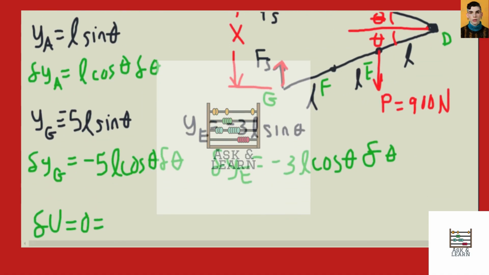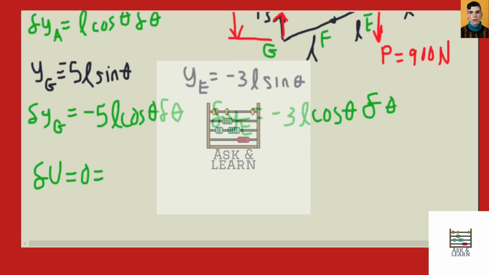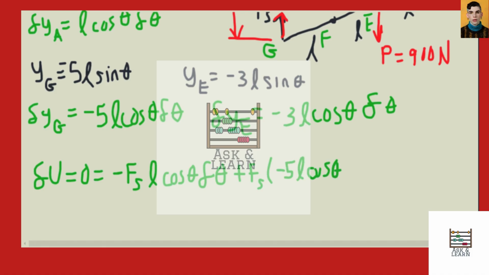The force at A is negative. So negative F sub S L cosine theta delta theta, plus F sub S, and this is at G now, negative 5 L cosine theta delta theta.